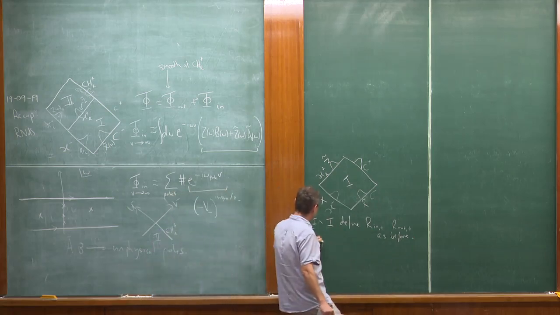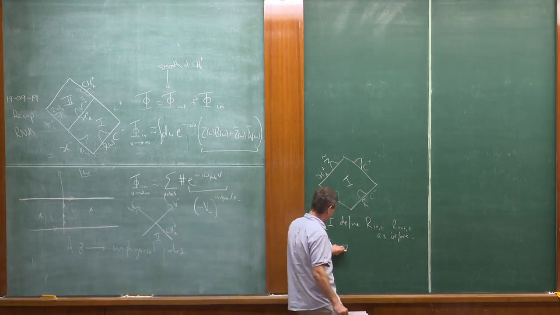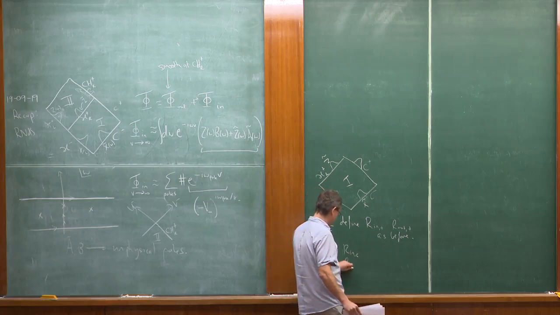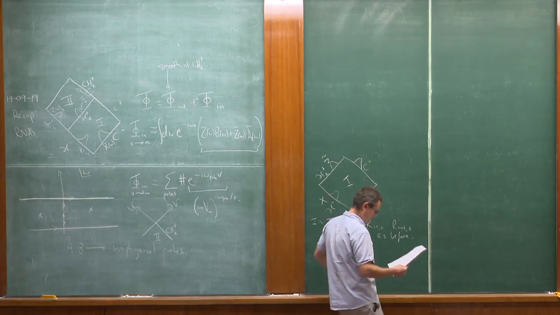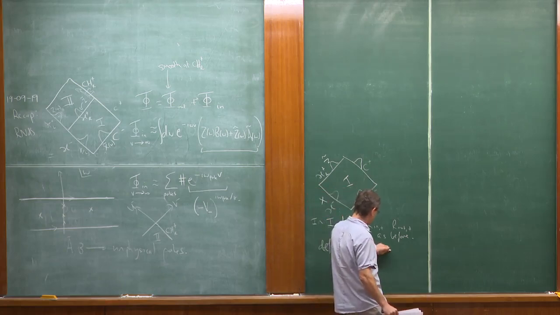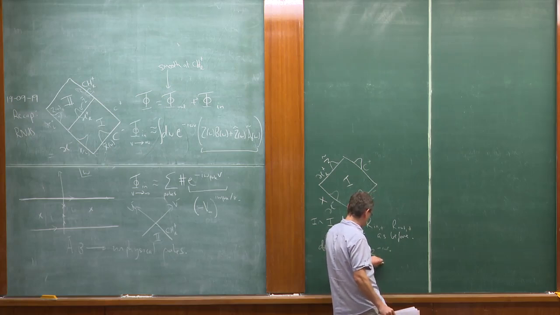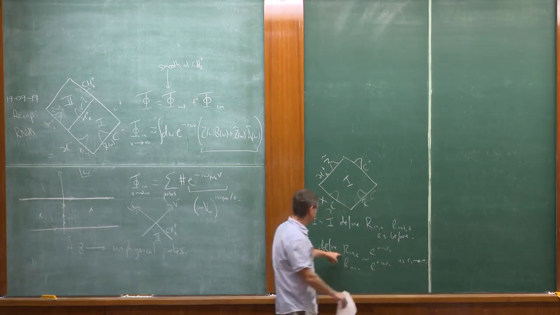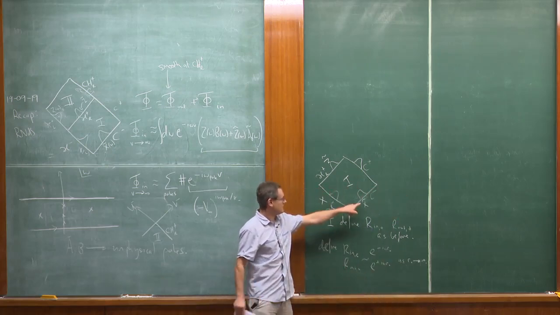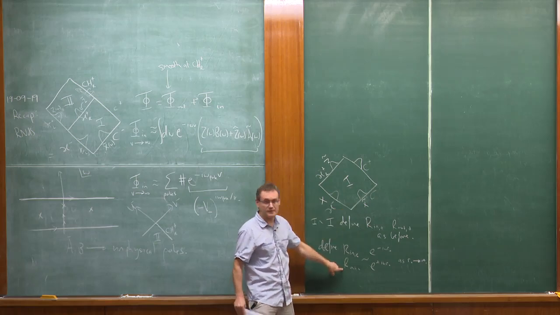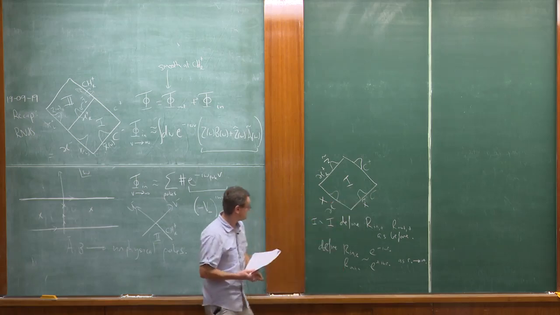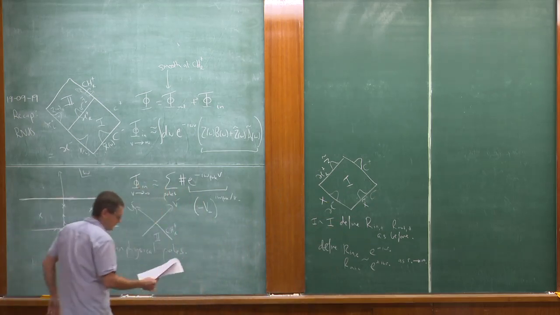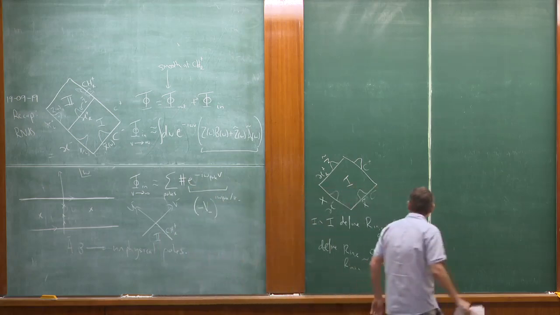So we define a new pair of modes, R in C, C for cosmological, and R out C as e to the minus I omega R star, or e to the plus I omega R star, as R star goes to infinity. Okay, so R in C are modes which are going to be smooth at the past cosmological horizon. R out C will be smooth at the future cosmological horizon when you multiply by e to the minus I omega t.